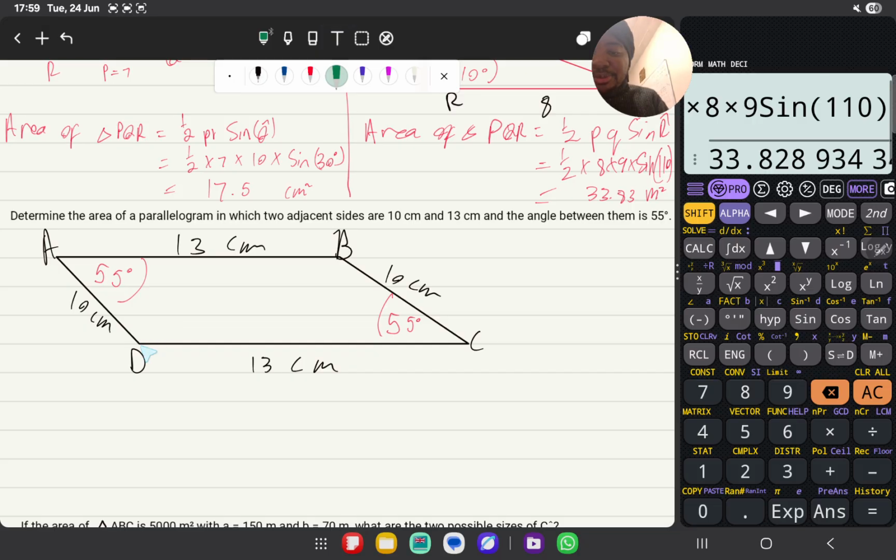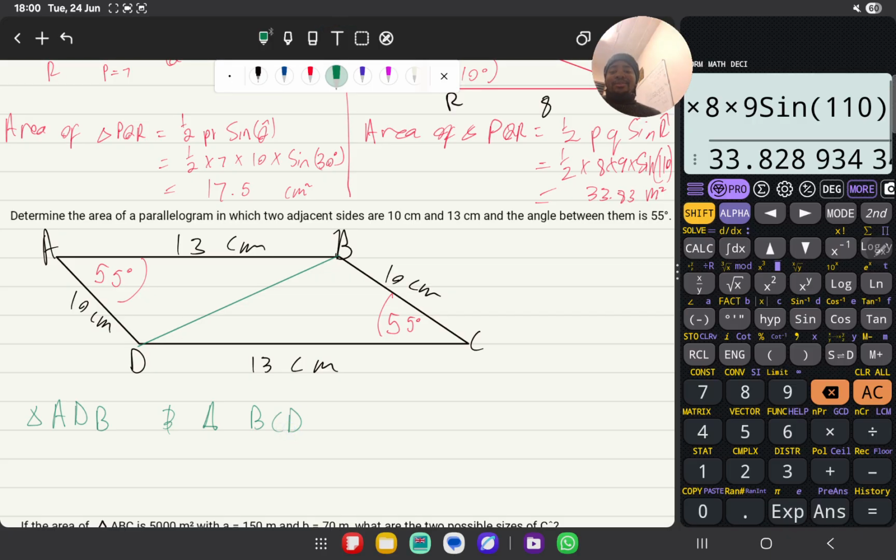I'm going to divide this parallelogram into two equal halves. So I divided it in half. So we have two triangles here: triangle ADB and triangle BCD.